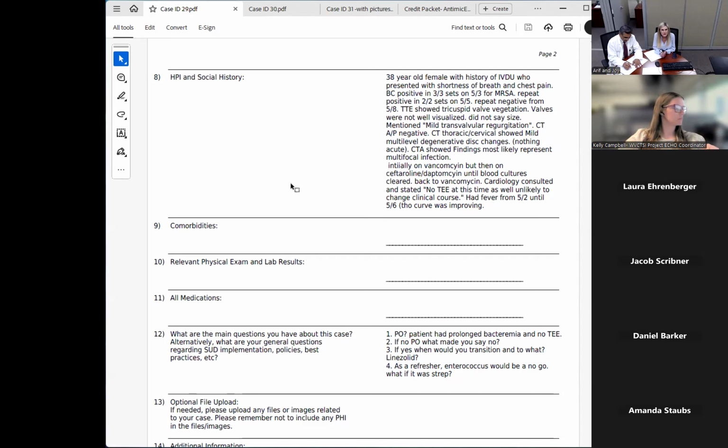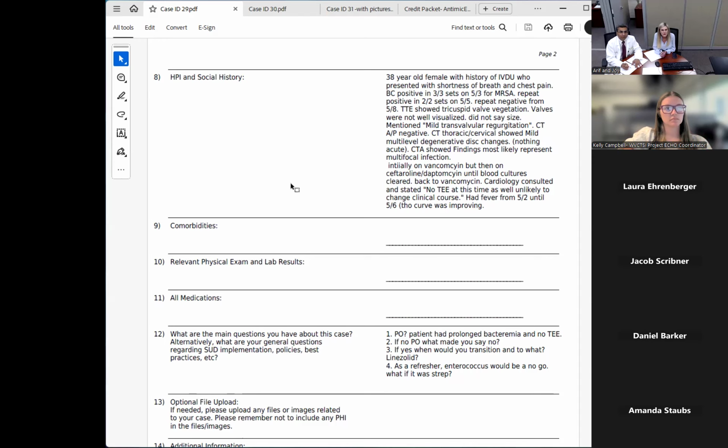Mentioned mild transvalvular regurgitation. Had a CT add-on culture, which was negative, and had CT thoracic cervical, which showed really nothing acute. It had CTA chest, which showed findings most likely representing multifocal pneumonia. Was initially on vancomycin, but then was briefly on ceftaroline and daptomycin until blood cultures cleared and back on vancomycin monotherapy. Cardiology was consulted and stated no TEE indicated at this time, unlikely to change the clinical course.